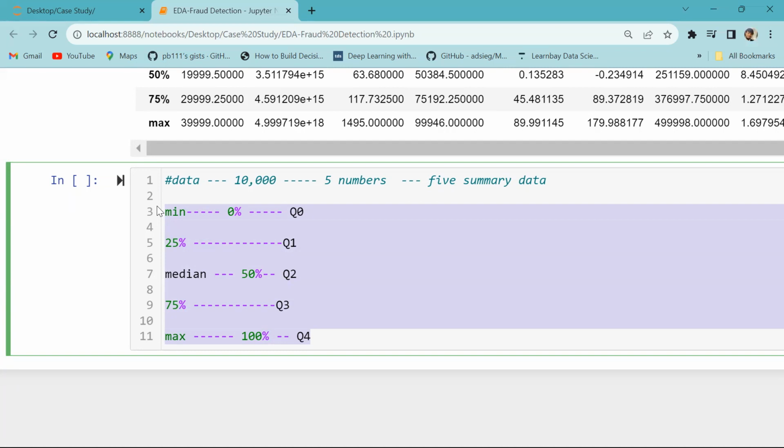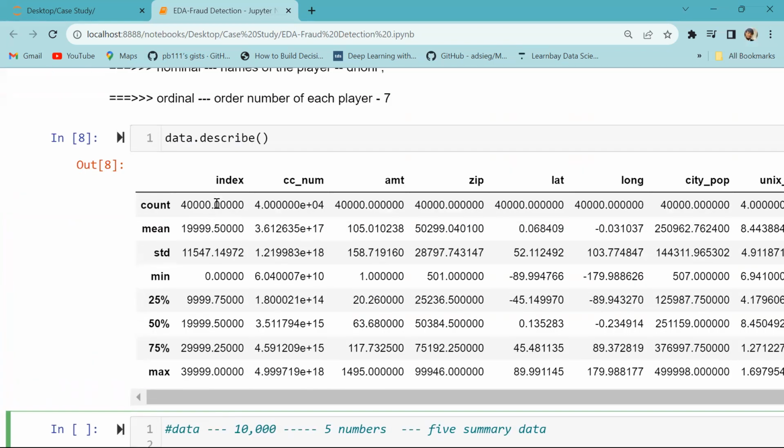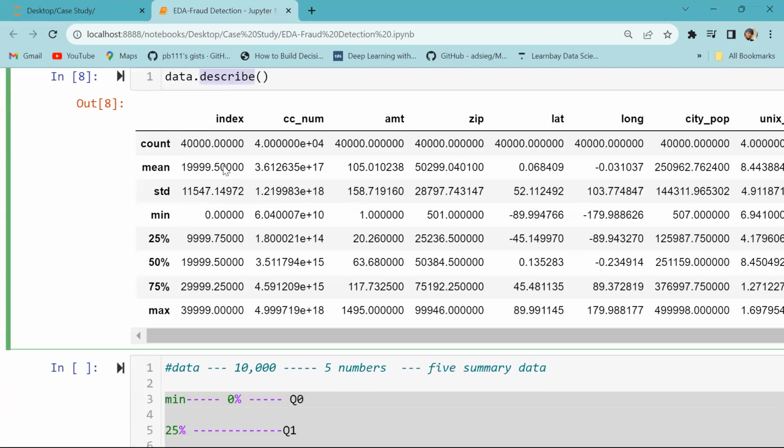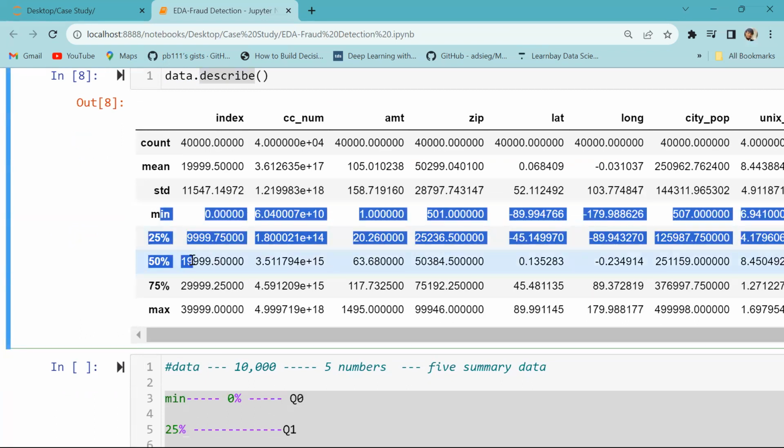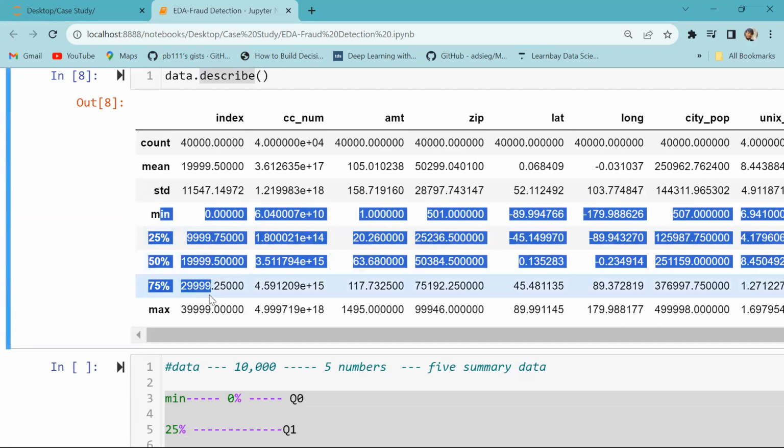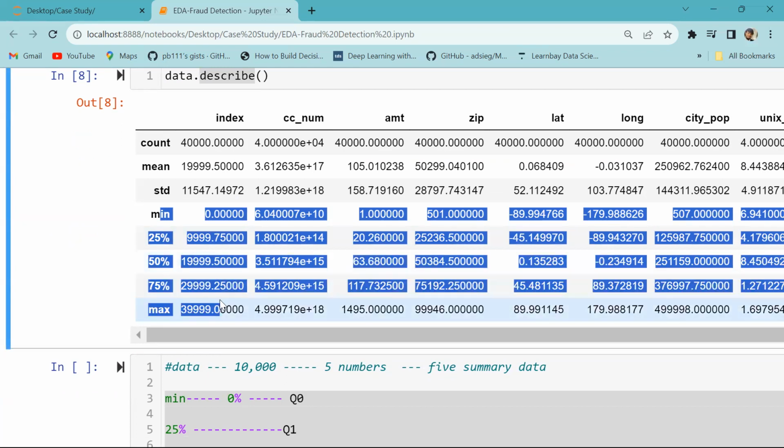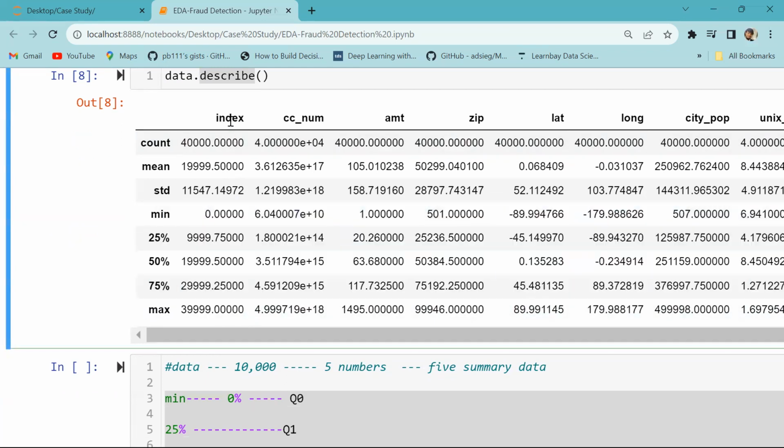Yes. So when we apply the describe method, here we got the min, 25 percentile, 50 percentile, 75 percentile, and max. The index is not considerable, and the CC number also is not considerable, because even though it's numbers, it's not really numbers.